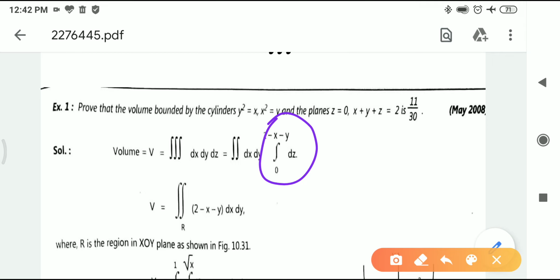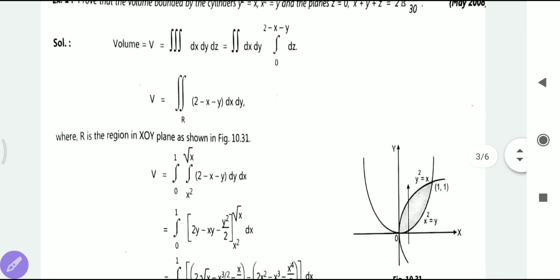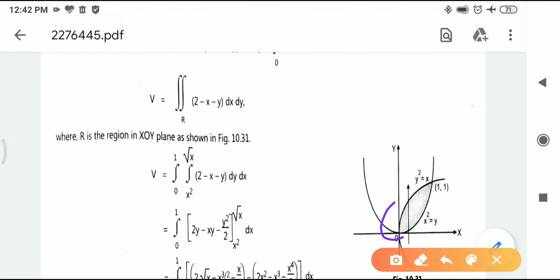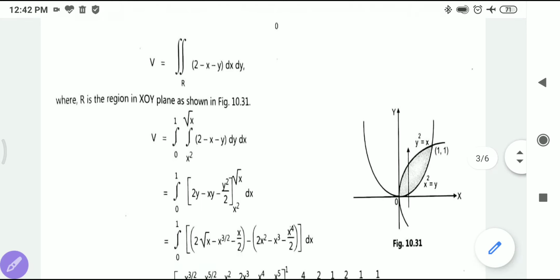Now when you have a double integration and we are having the region, again consider a strip in that region as we did in the previous problem. Same way, either consider a strip parallel to x axis or parallel to y axis. So if you consider a strip parallel to y axis, again your y will vary from x square to root x, and your x will vary from 0 to 1.